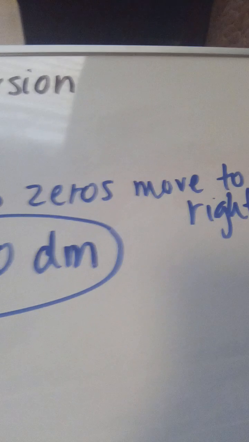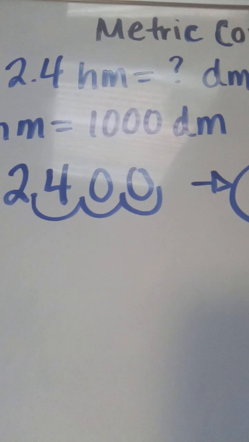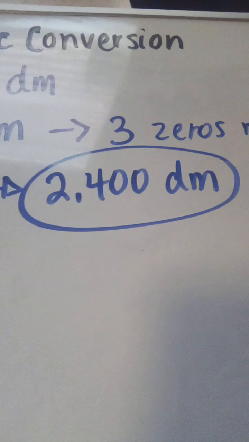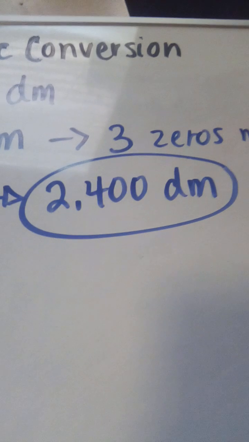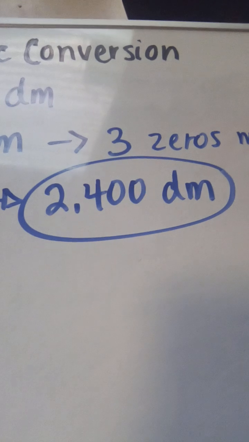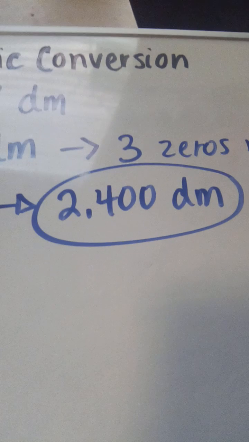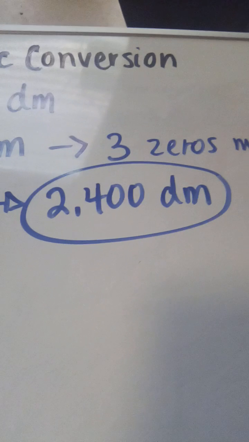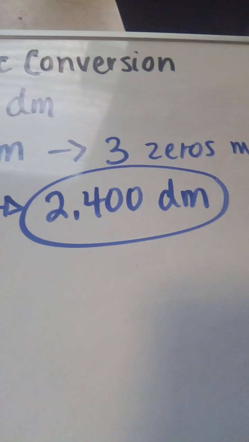There you go. 3 zeros, you move it to the right. And this is the final answer. Any questions on 4A? All right. Let's move on to the next one.